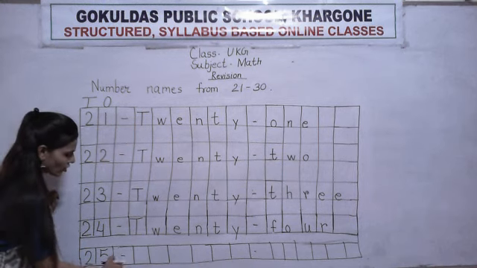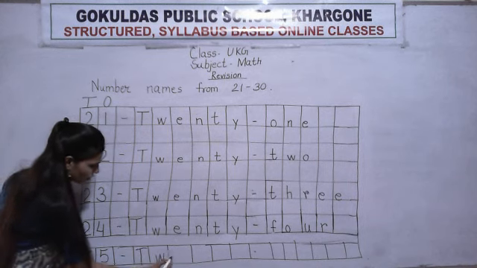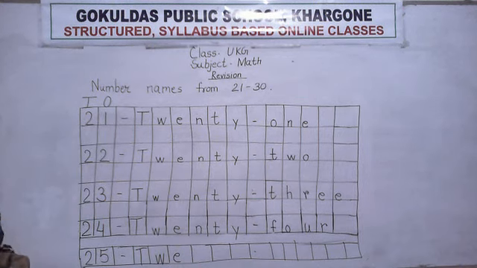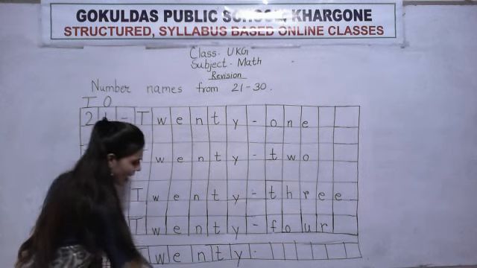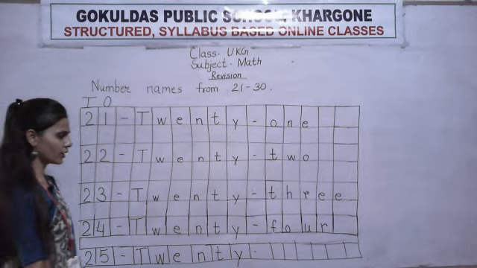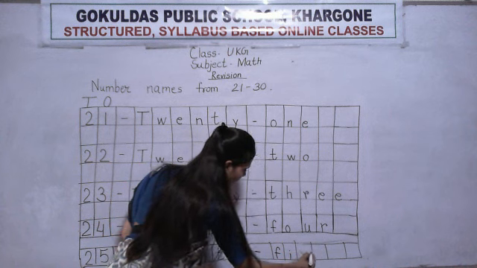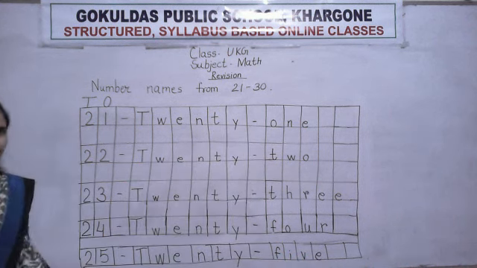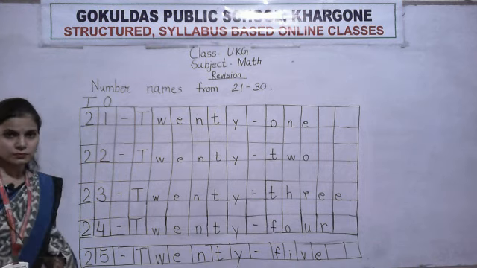Now write the spelling of 25. What is the spelling of 20? TWE-NTY. Right here, FIVE. 5. 25. Okay, so this is the spelling of 25. Write in your notebook from 21 to 25.